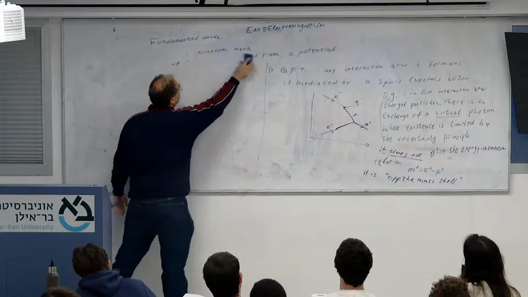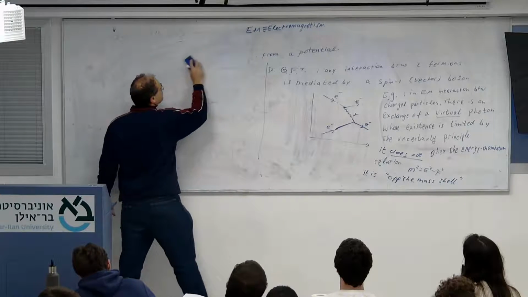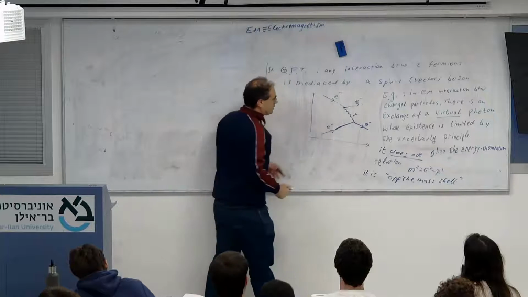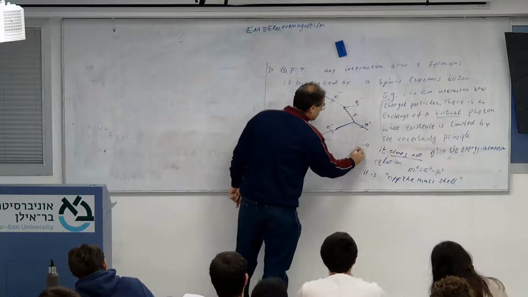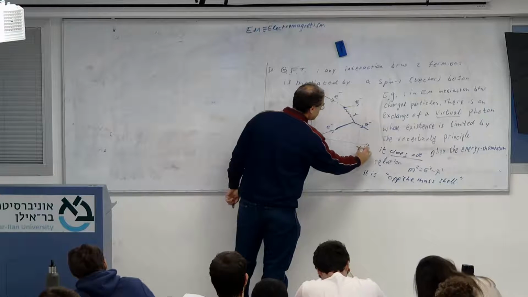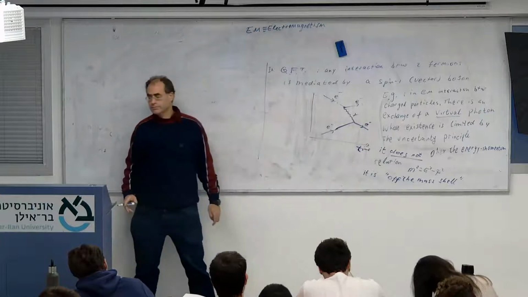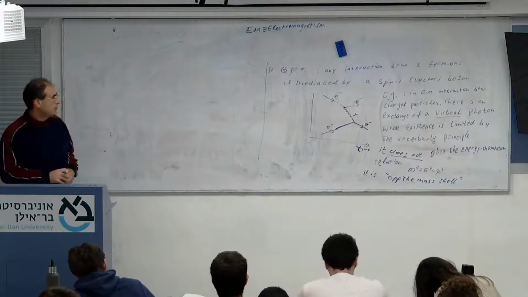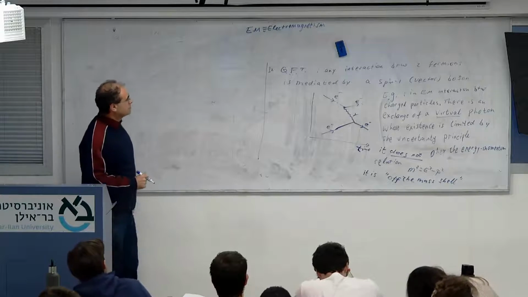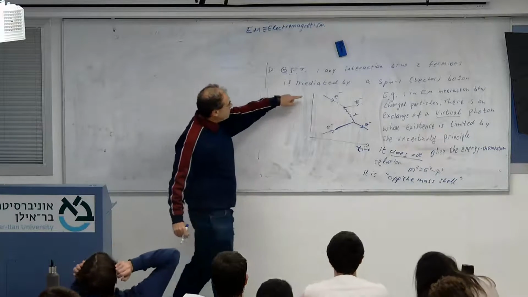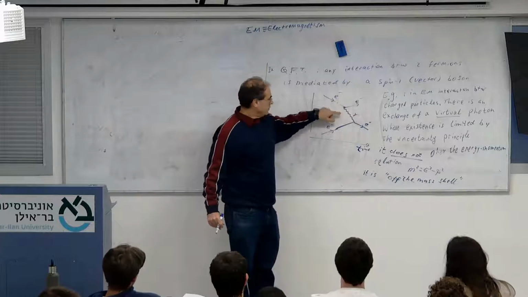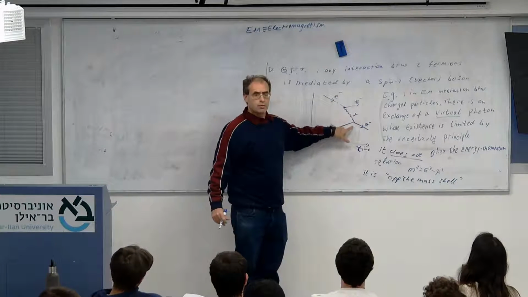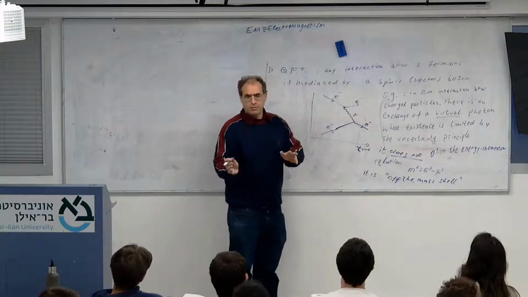Now, I did not mention that this is a Feynman diagram, obviously. Time goes from left to right, so this is time. In this description, the upper electron emits a photon, it goes away, and then this photon is absorbed by the lower electron, which then goes away.